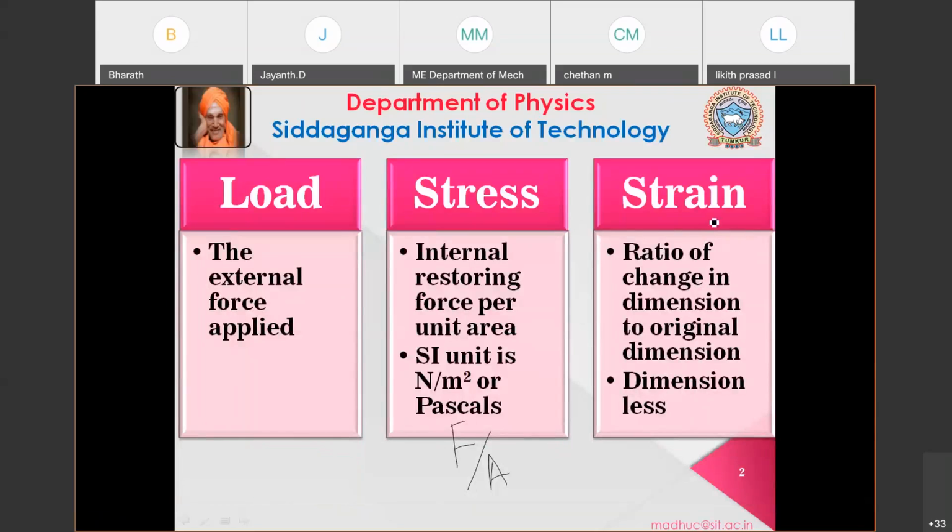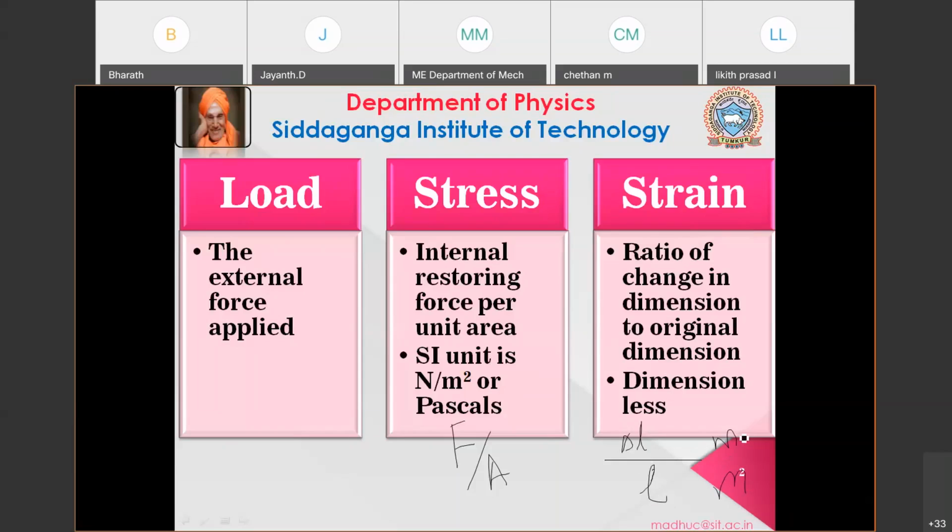So how do you define the strain? It is the ratio of change in dimension to the original dimension. For example, change in length delta L divided by L. Change in length will be in meters, or centimeter, millimeter, whatever it is, and length is in meter.